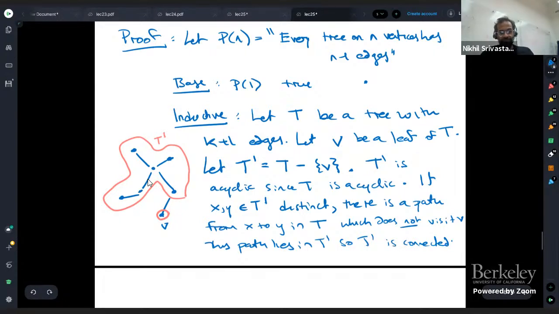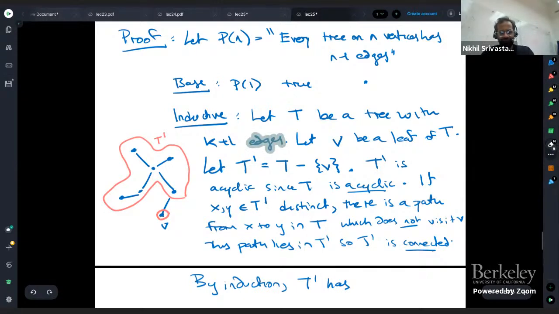So now by the inductive hypothesis, it's acyclic and connected, right? So by induction, T prime has, so by the way, how many vertices does T prime have? It has k vertices. Sorry, this shouldn't be edges, this should be vertices.